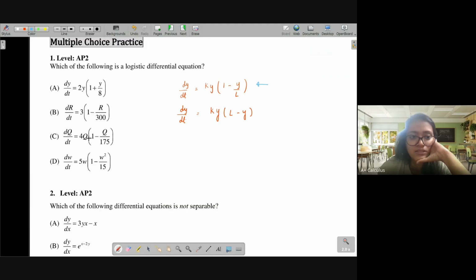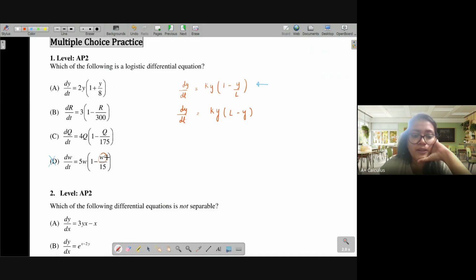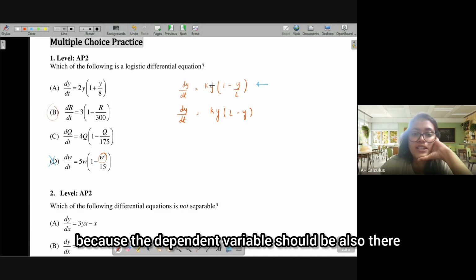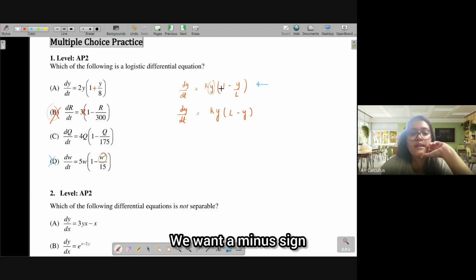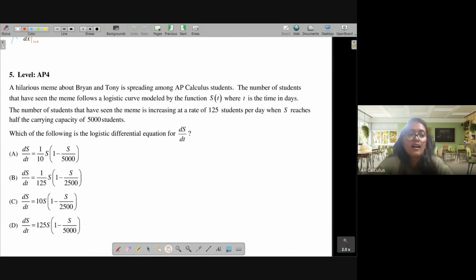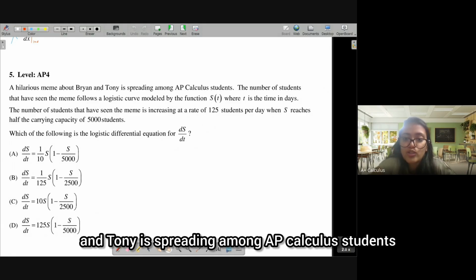It's definitely not D because there is a W squared. It's not going to be B because the dependent variable should also be there. If it was 3 times R, then it would have been correct. And it's either A or C, but it cannot be A because there is a plus sign. We want a minus sign. So it is C.